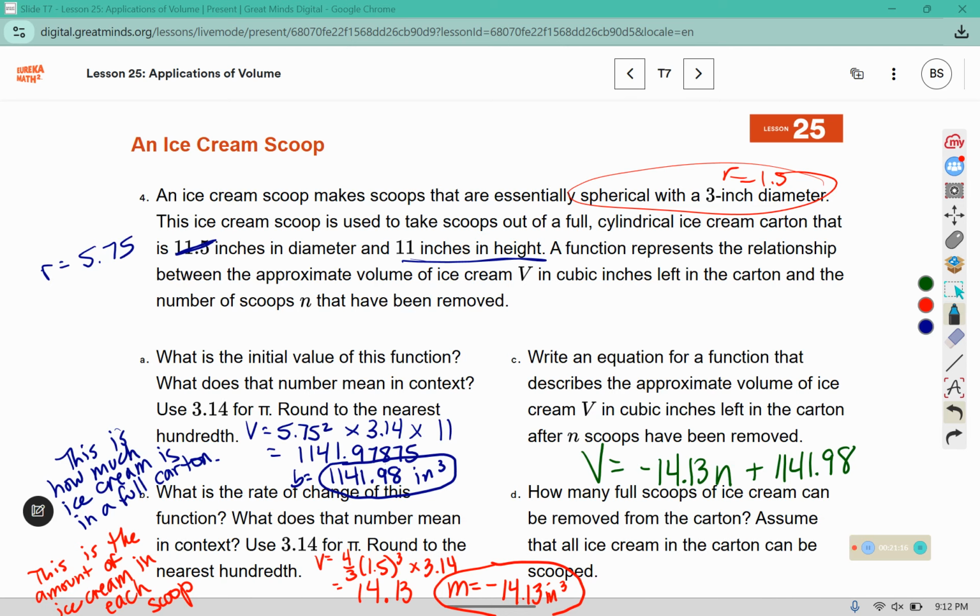How many full scoops of ice cream can be removed from the carton? Assume that all ice cream in the carton can be scooped. So we need the volume of the carton. If it's all removed, the volume would be 0. We're going to subtract 1,141.98 from both sides.